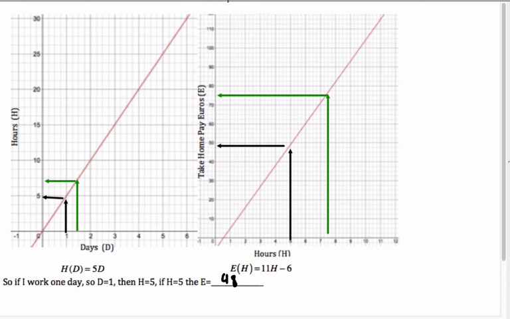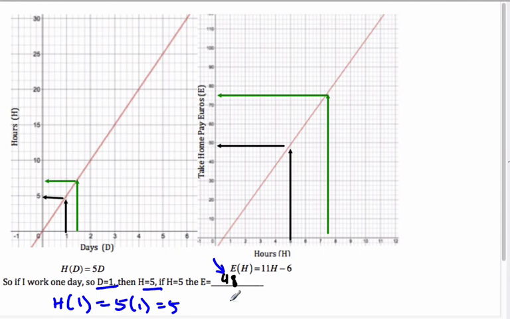But if I was to do this algebraically, I know for this first one, if I want to find hours, given that D is 1, so that's 5 times 1, which gives me 5. Now remember, this is an estimate based upon my unclear graph. So now H is 5.